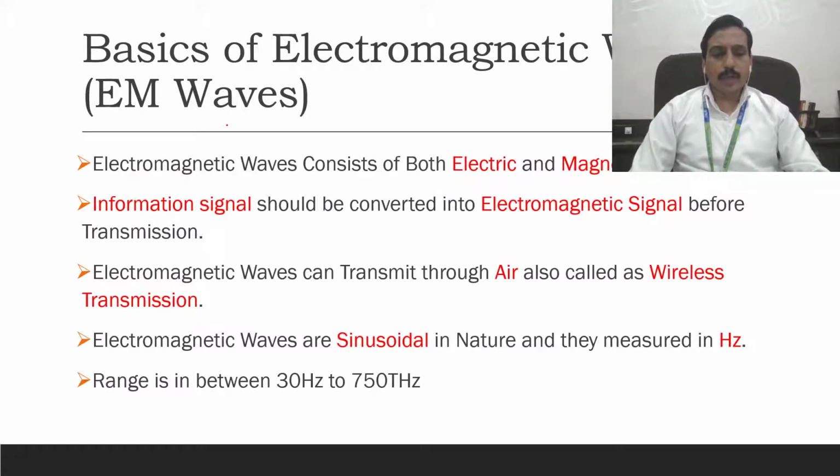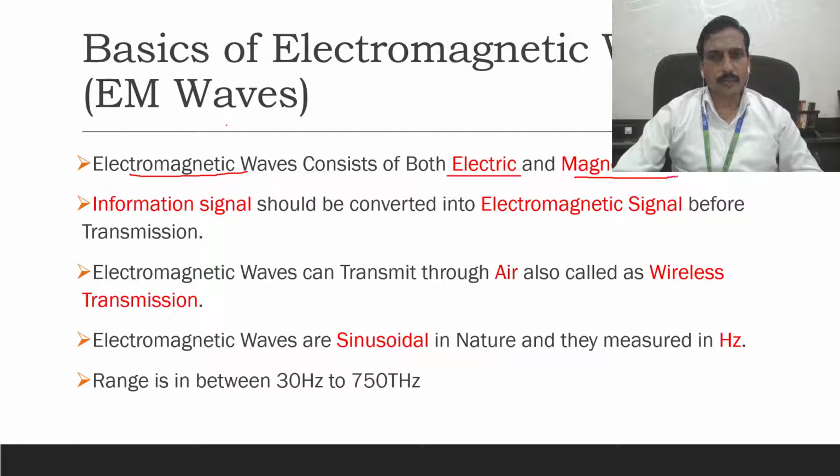Now, before going into detail of the electromagnetic spectrum, first understand the basic fundamentals of electromagnetic waves. You can see in the first statement here, electromagnetic waves consist of both electric and magnetic fields.